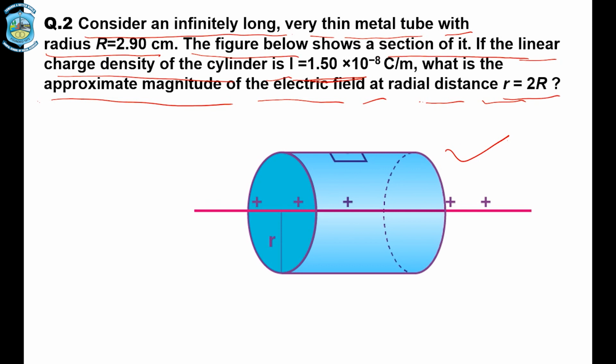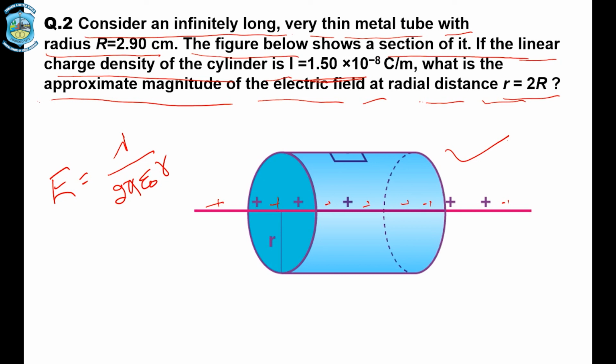This is a very simple question, and we can solve it by using the expression for the electric field produced by a linear charge distribution, as we have a positively charged wire over here, and the expression is lambda upon 2 pi epsilon naught r.